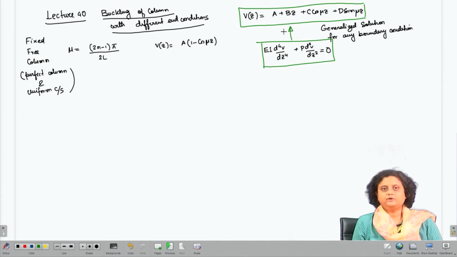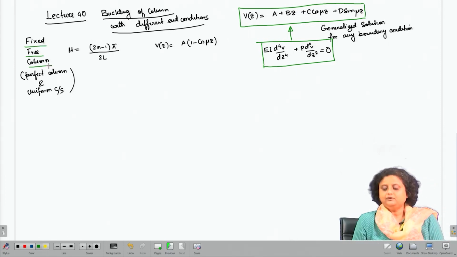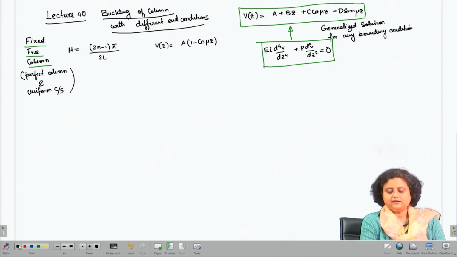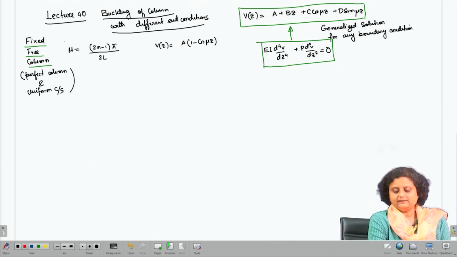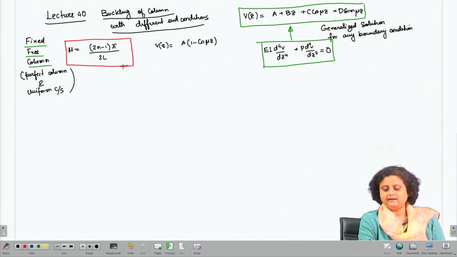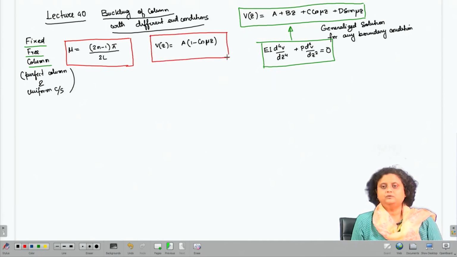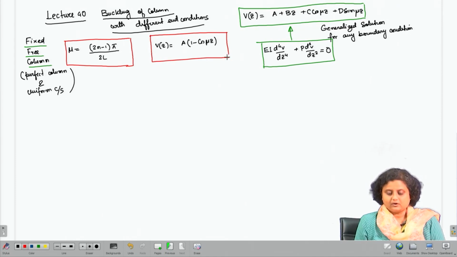Now, by imposing the boundary condition for a fixed free column into this generalized solution, we have found that mu is (2n minus 1) pi by 2L, and Vz is going to be A (1 minus cos mu z), where A could be any arbitrary constant.